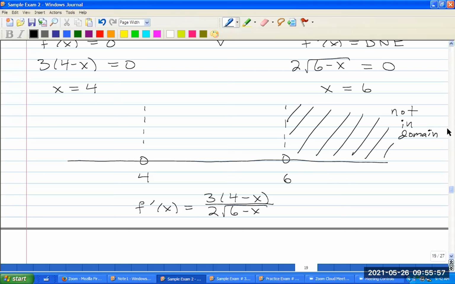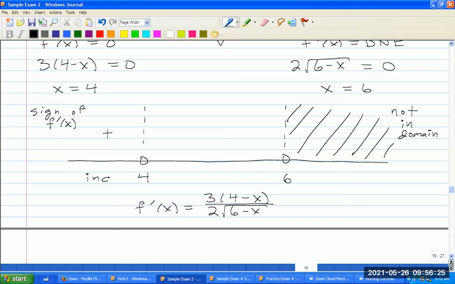Okay. So let's try to determine the sign of the first derivative. You take a number less than 4, let's say 0, positive over positive, so it's increasing.